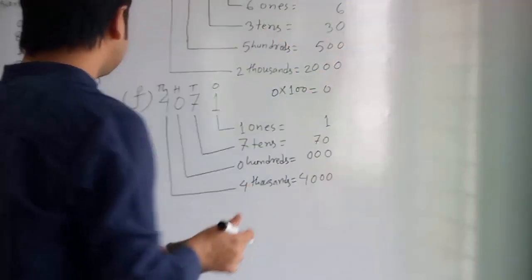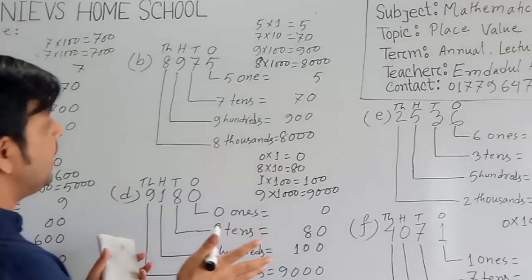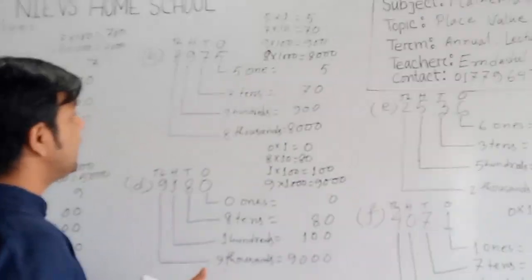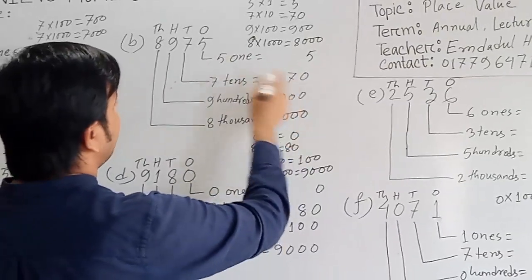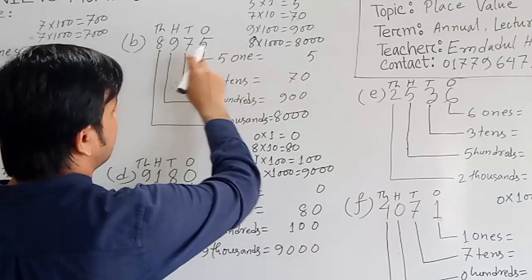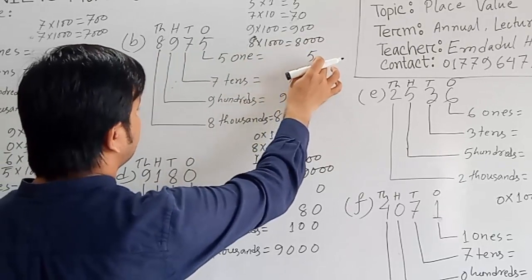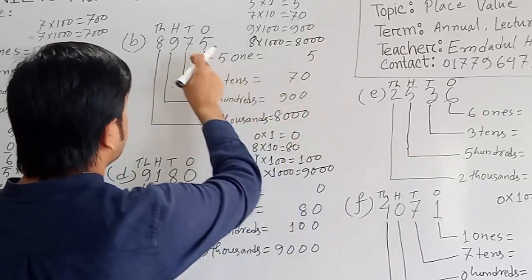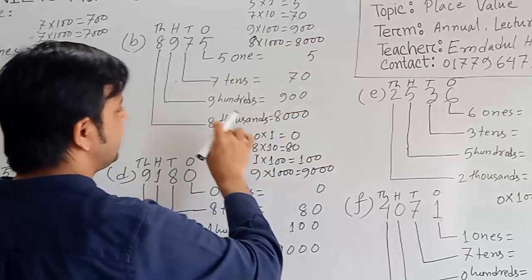Dear students, try to write the place value of any digit in any number. Using the technique, at first for ones place, you have to keep some space, then you write the ones place. Then for tens place, keep some space, write the place value of tens place.